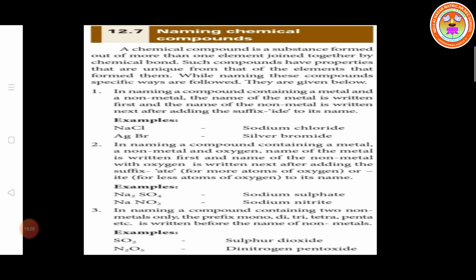So sulfate. Similarly NaNO2: first the metal name sodium, then NO2 means you add the ending ite, nitrite.